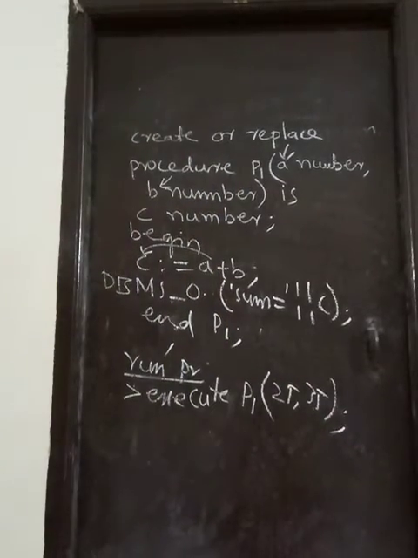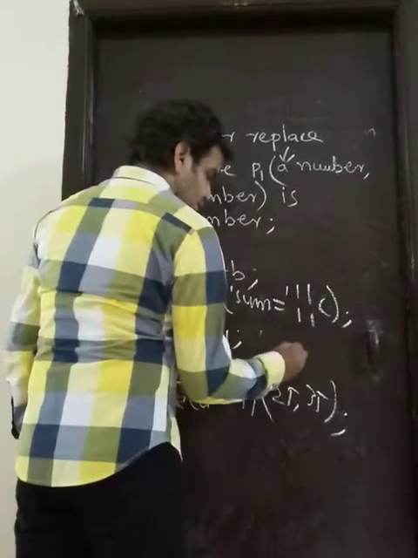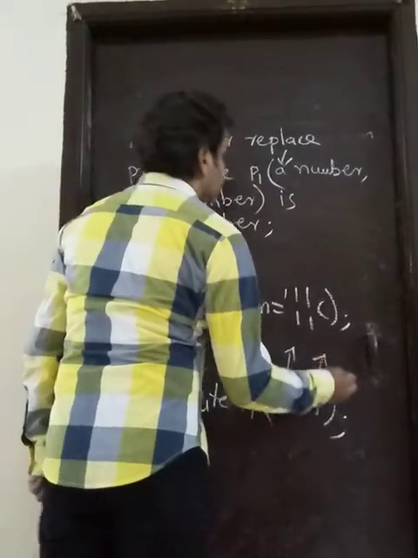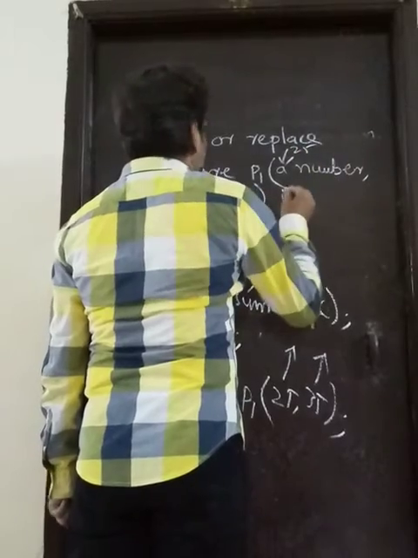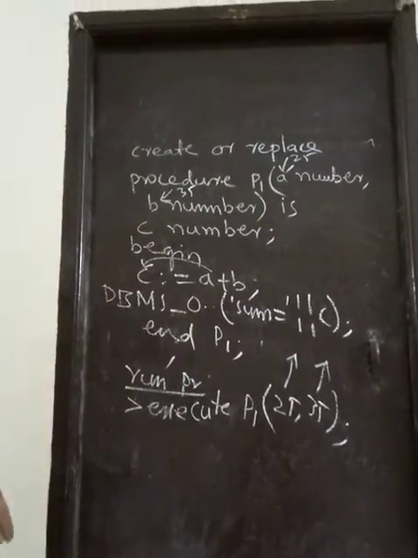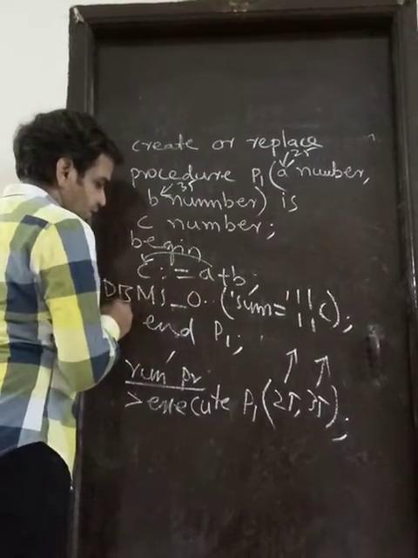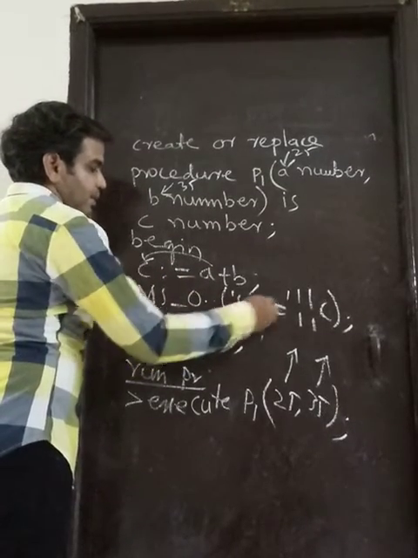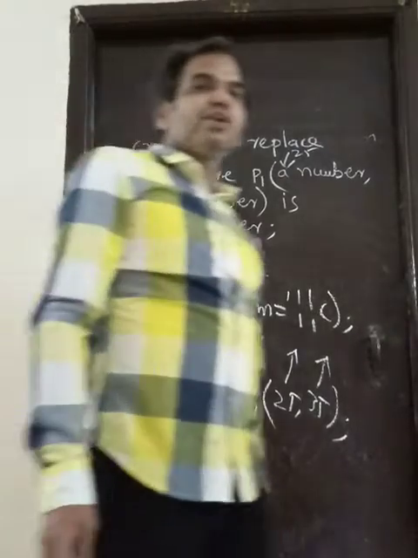So the execute command is used to run a procedure. 25 and 35 will be passed, A will be received as 25, B will be received as 35, and here the A and B values will be added. After adding we assign into C, then we display: sum is equal to 25 plus 35, the value 60 will display.